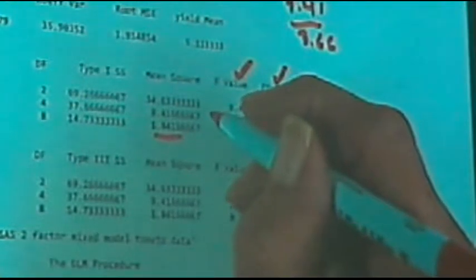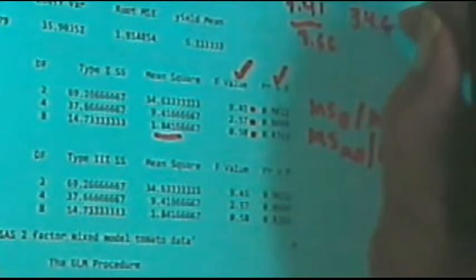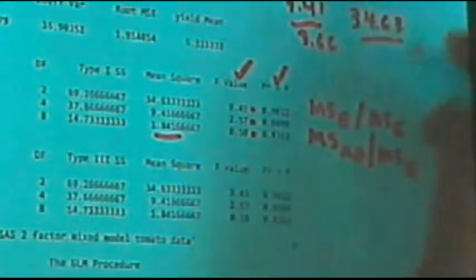And then lastly, we come to the F test on fertilizer, which is the fixed effect in this problem. And it's 9.45. Now that's supposed to be 34.63 divided by something.